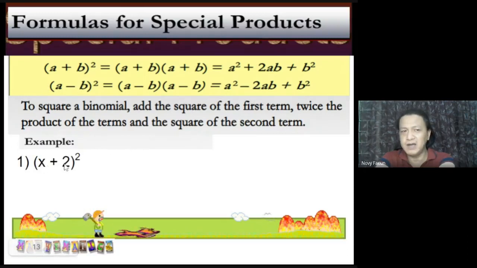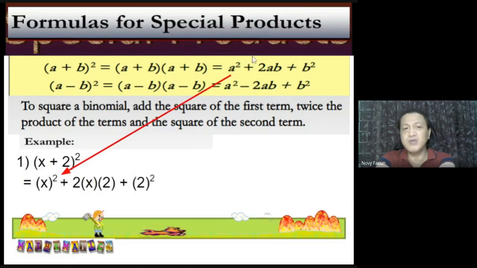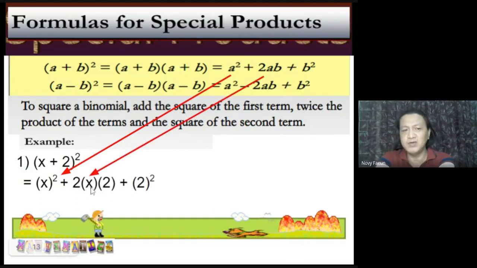So using the formula, so this is plus, kaya yung first formula natin. So that is x squared. Pag sinubstitute natin yan, yung a squared, kaya square the first term, yung x. And then twice the product of the first and second. Yung first term mo yung x, second term mo is 2. Since twice, meaning multiply mo siya ng 2.